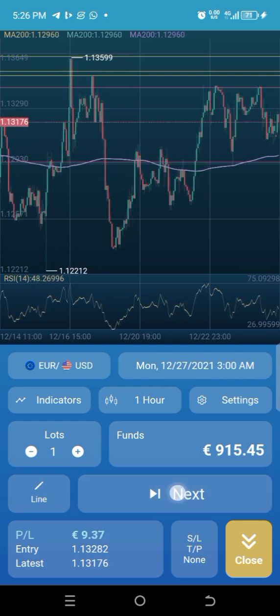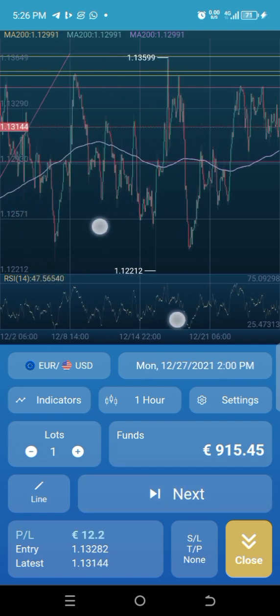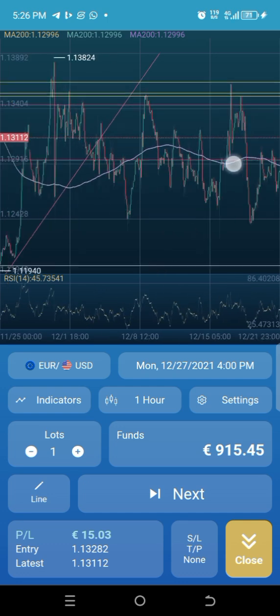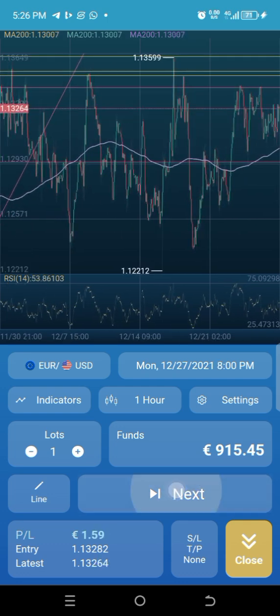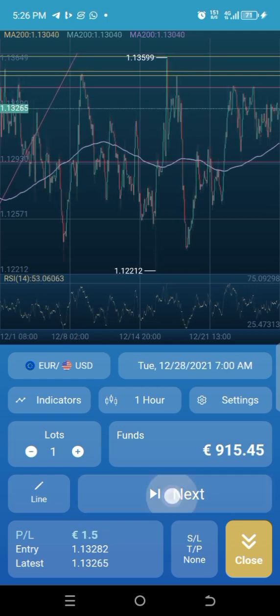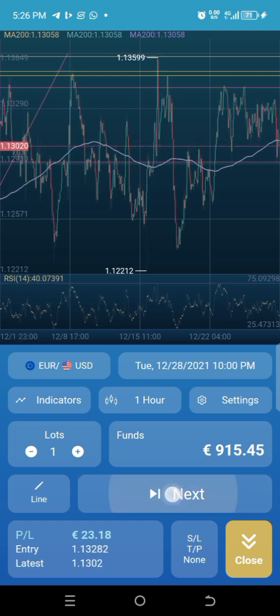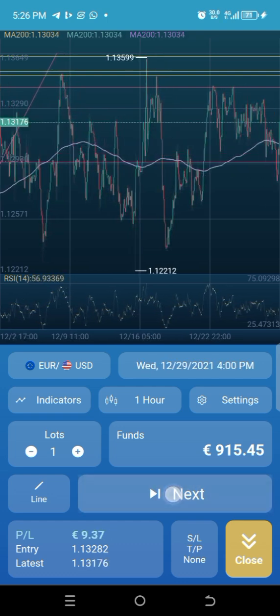Looks like price is heading to that area, but this is really serious consolidation. Yep. At this moment I don't know where it's going actually.